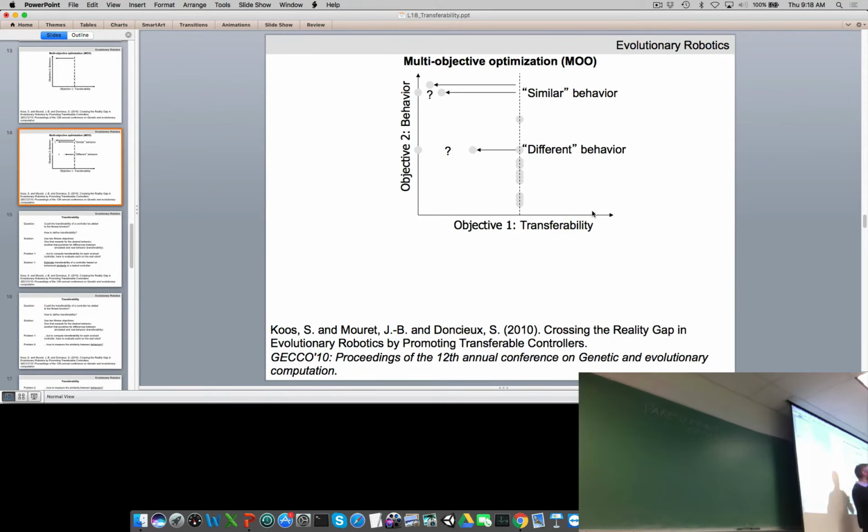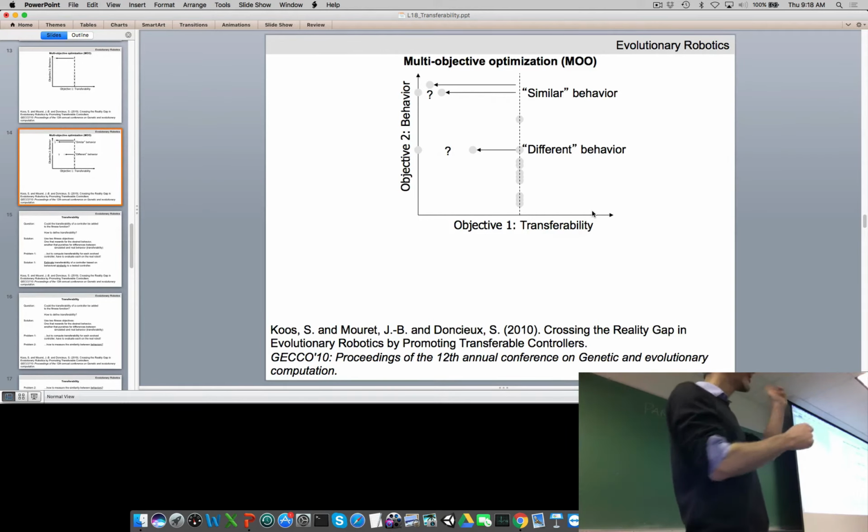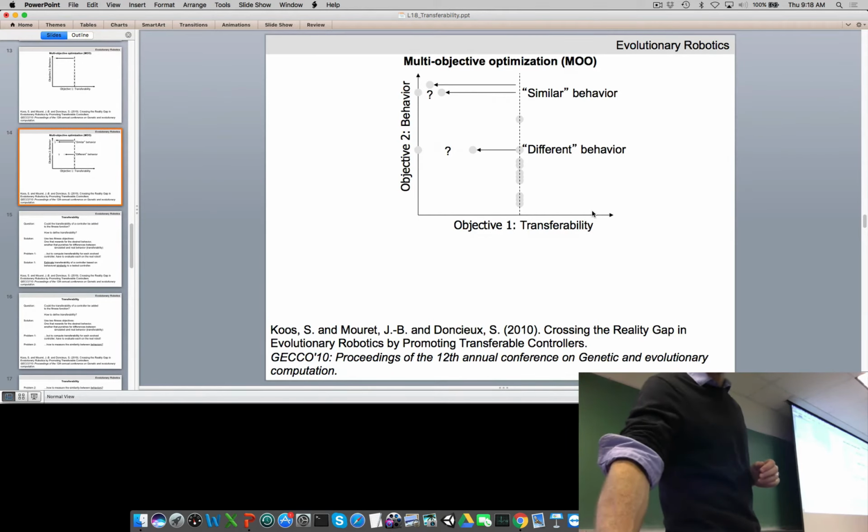Maybe we should kind of hedge our bets. We want to pick something that's relatively high in terms of behavior, but is also quite different from the one we transferred before. That's the sort of intuition we're going to use here, which is the one that we're going to transfer is the one that is as different as possible from the one that we've transferred before.